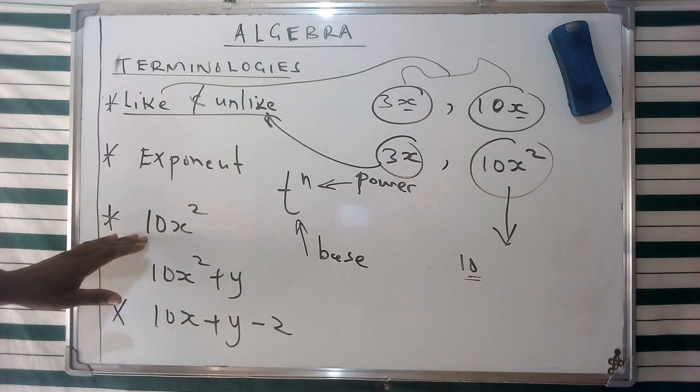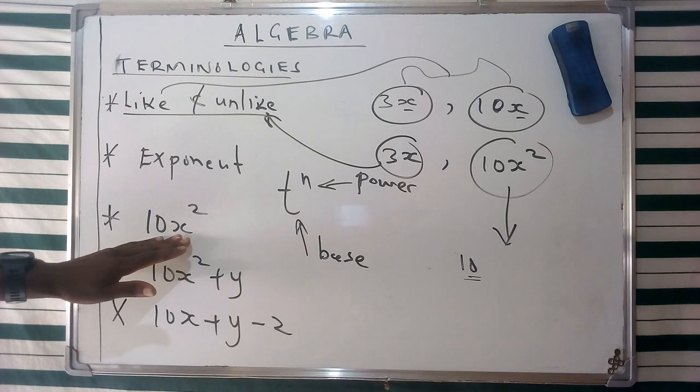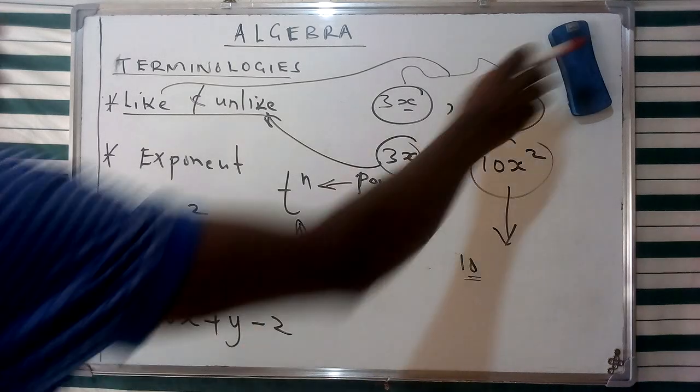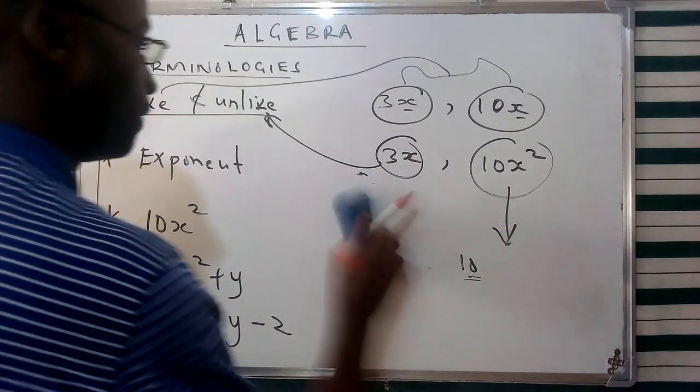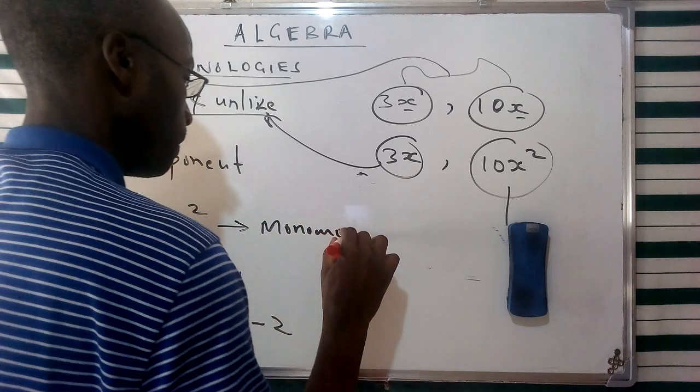So if we try to look at this, this is going to consist of a single term, and an algebraic expression with only one term is going to be referred to as a monomial. So this is going to be referred to as a monomial.